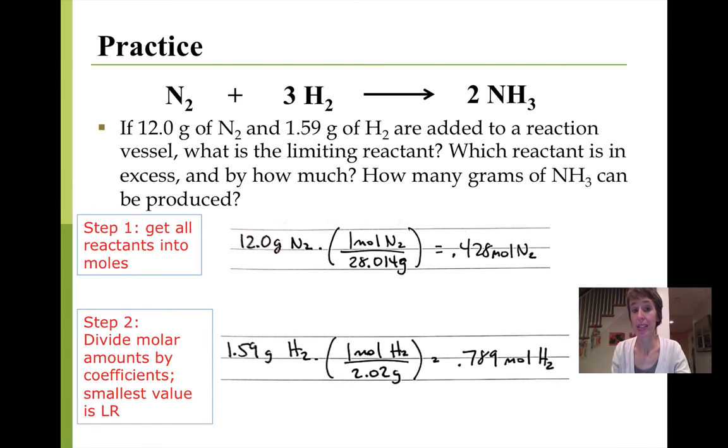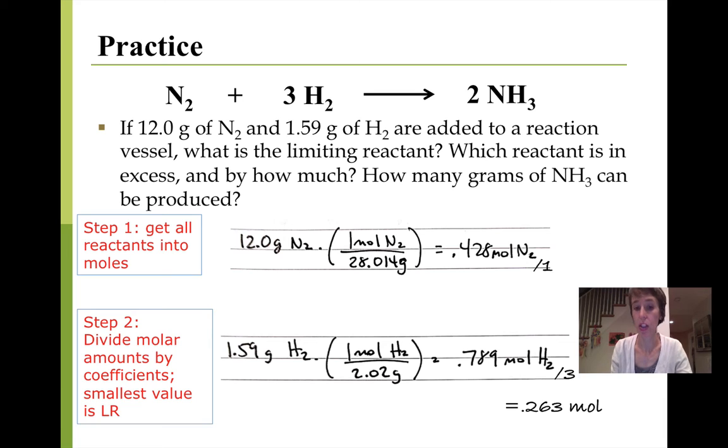Step 2 is to divide these molar amounts by the coefficients of those reactants. And this is getting at the need for a 1:3 ratio in this case. So the 0.428 moles divided by 1 is still 0.428, but the hydrogen, 0.789 divided by 3, is 0.263 moles.